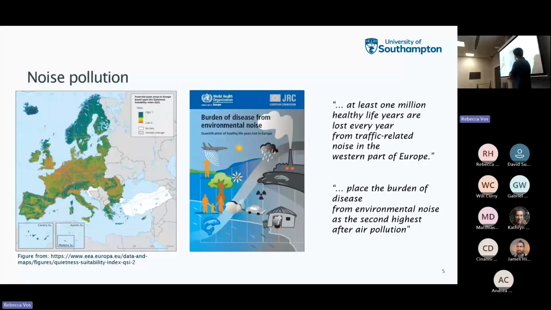And I think most of you are aware of this article written by the World Health Organization, which basically describes the burden of disease from environmental noise. So, for example, for traffic noise.